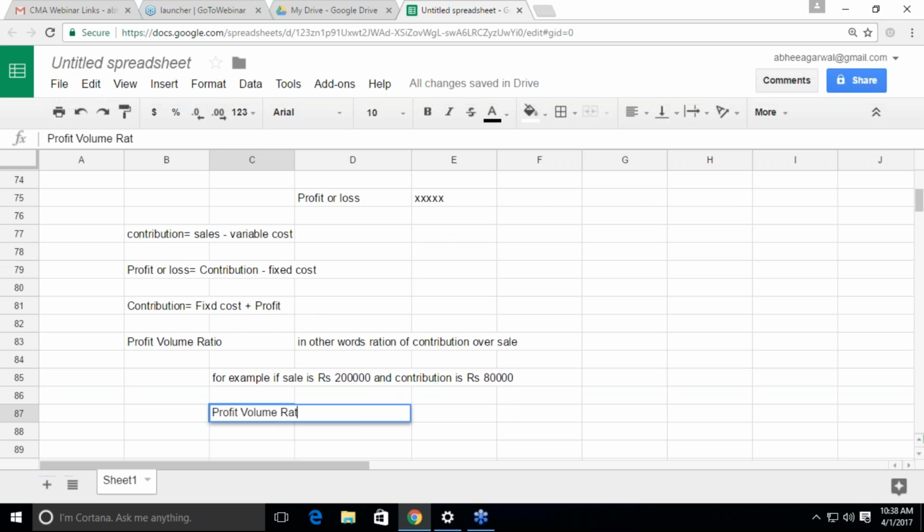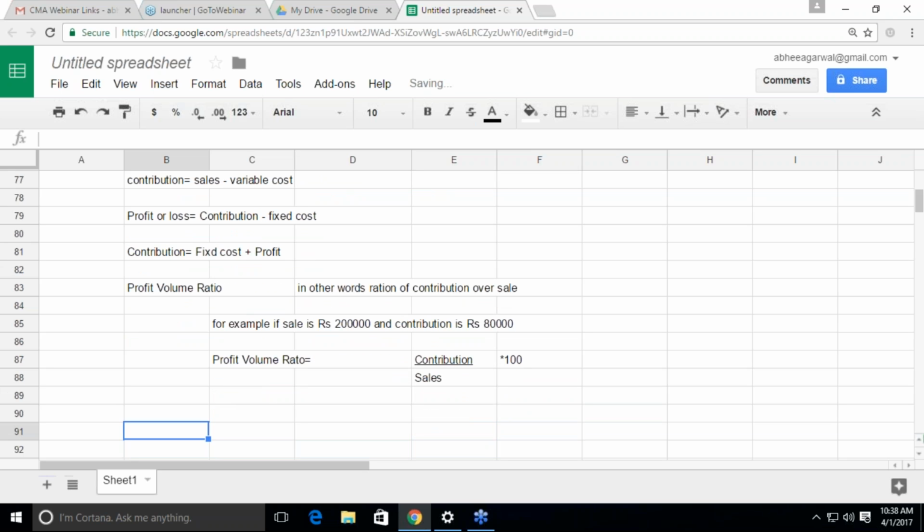will be, the profit volume ratio is equal to contribution upon sales multiplied by 100. That is your profit volume ratio.